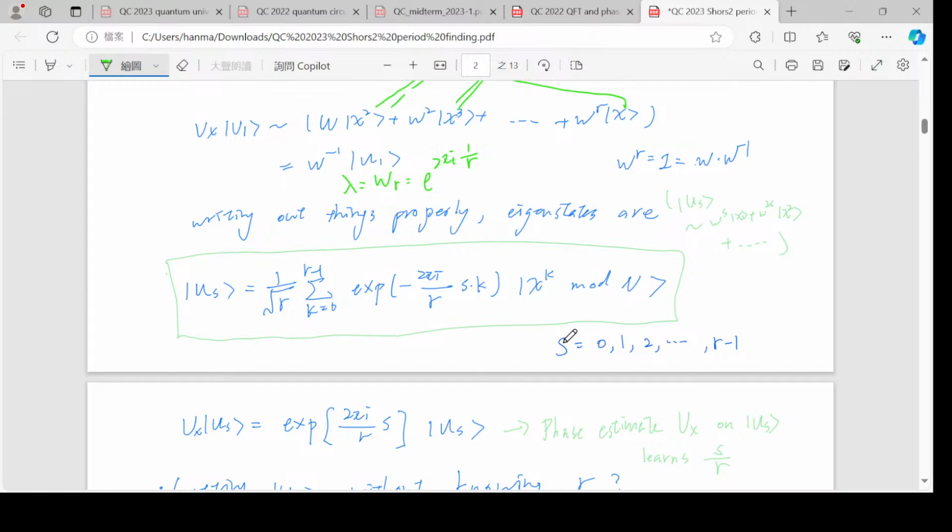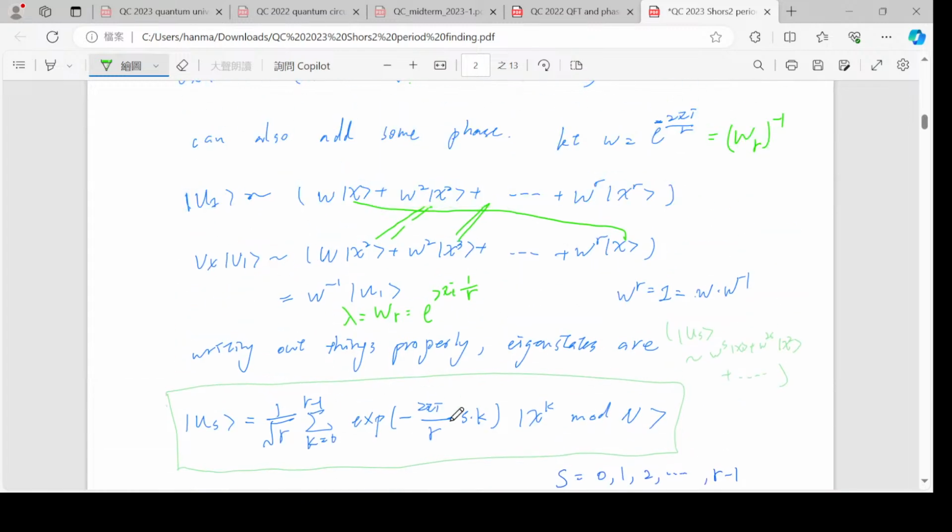And as we said, we already see this a little bit, but if you apply U_x on u_s, then you get the extra factor e to the 2 pi i s divided by r. It's just because when you apply U_x on this thing, you get some permutation on k, and when you correct that permutation, you get the extra phase here.